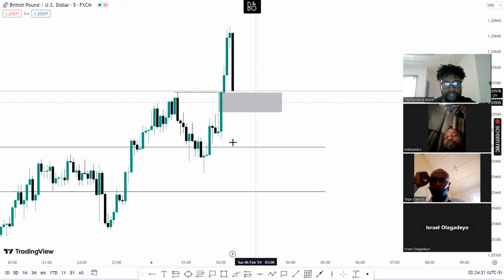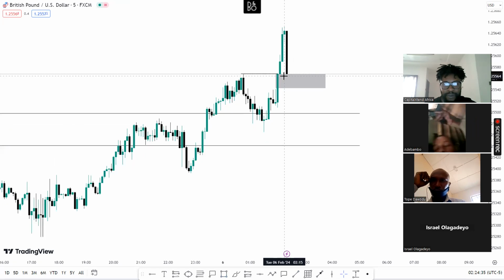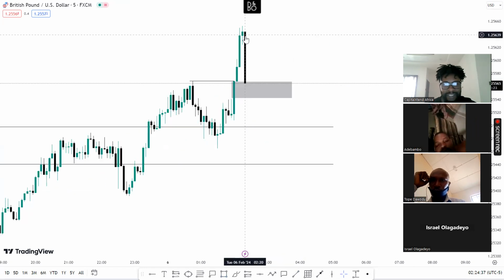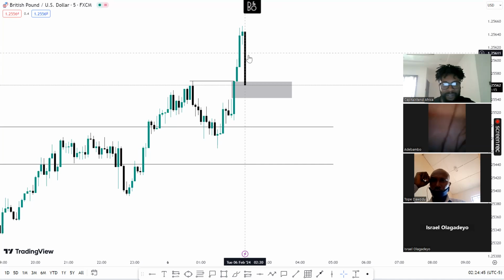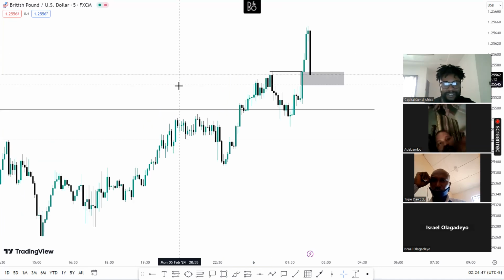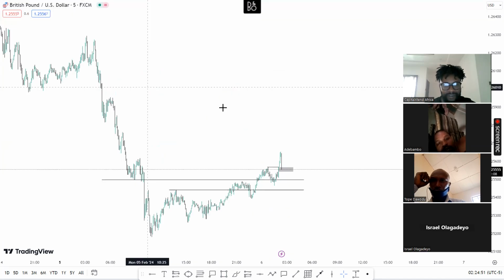Price might want to play this gap to start buying, but from the look of things, the momentum this candle is using to drop is not really advisable. It's not a good one for me, honestly.